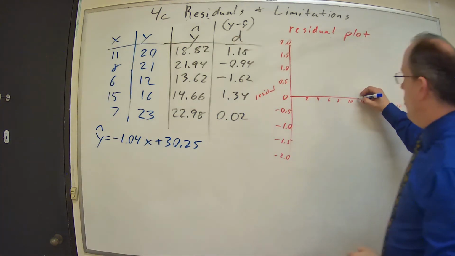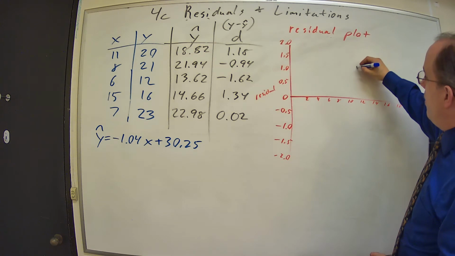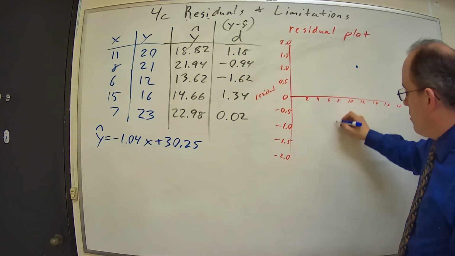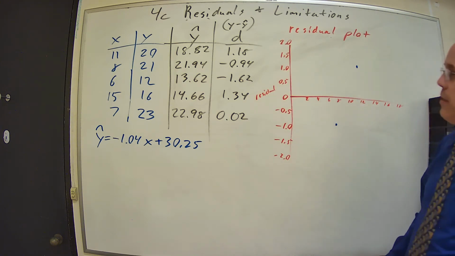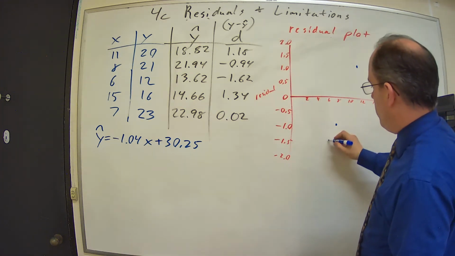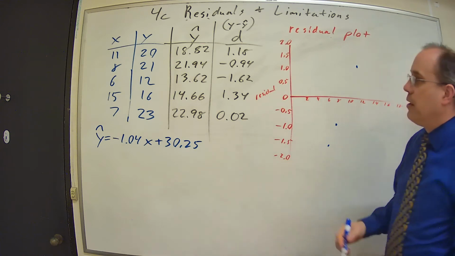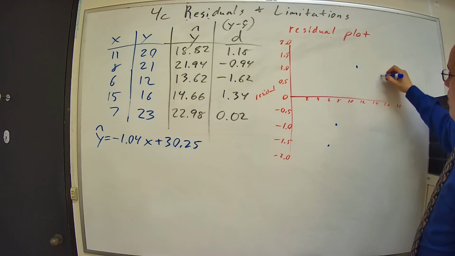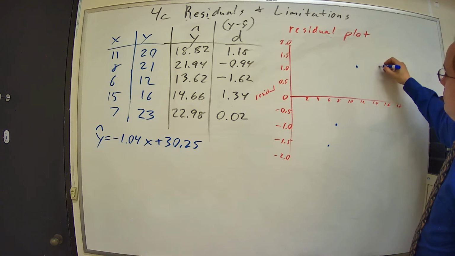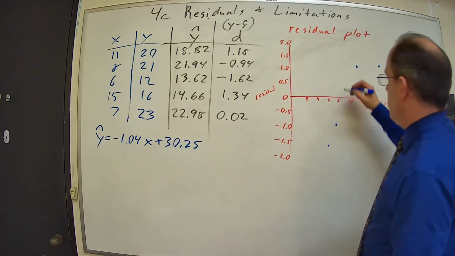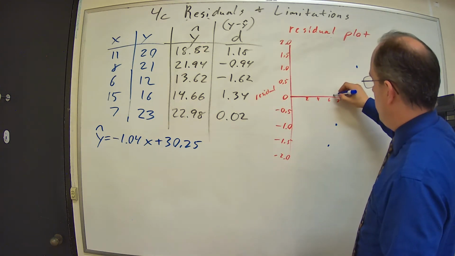At 8, negative 0.94. At 6, negative 1.62. At 15, 1.34. And at 7, 0.02. So somewhere around here. Really low.